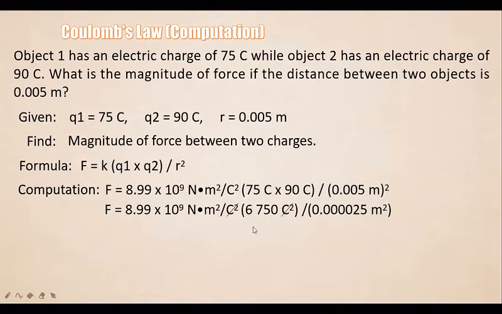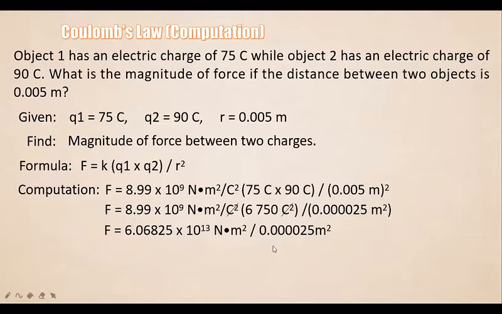Next, we multiply the Coulomb constant, which is 8.99, or simply 9 times 10 raised to the 9th power Newton per meter square, by the product of our charges, which is 6,750. The answer will be 6.06825 times 10 raised to the 13th power Newton per meter square.